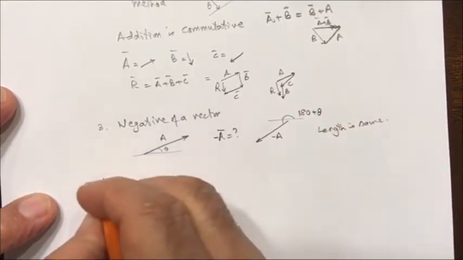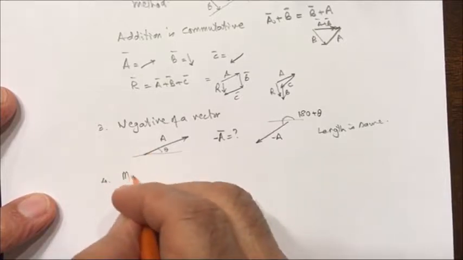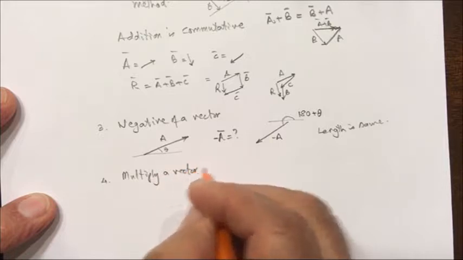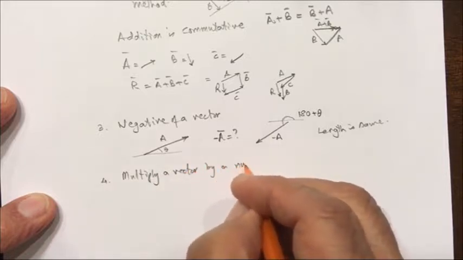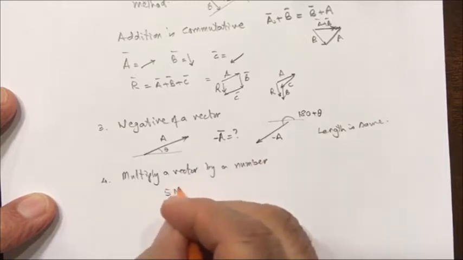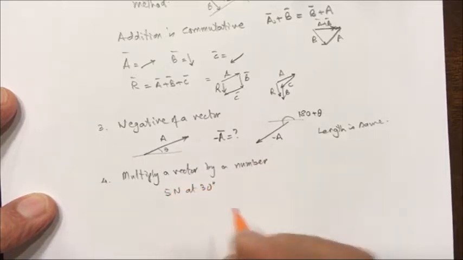Now, if we were to multiply a vector by a number, so for example, we have 5 newtons at 30 degrees, so that's a force.